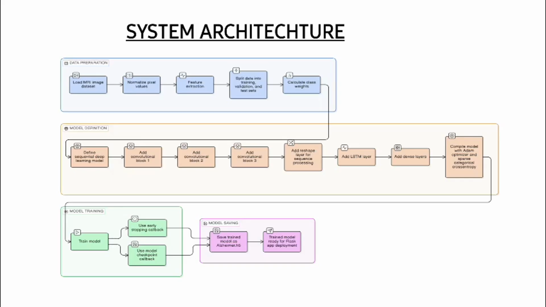Finally, the output layer classifies the input into one of the four Alzheimer stages: non-demented, very mild demented, mild demented, and moderate demented. And the project code will be explained by my teammate.